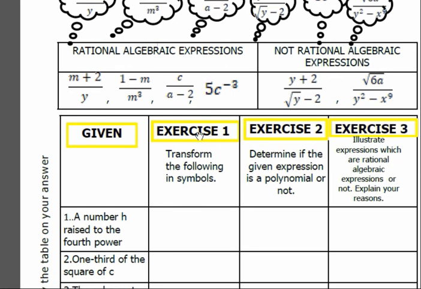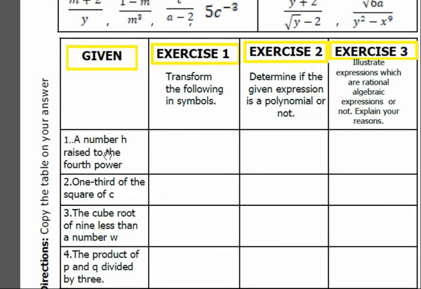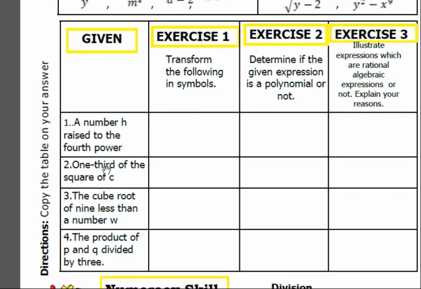Let's move on to exercises 1, 2, and 3. Let's answer this with the following given. There are 4 numbers given. Now in exercise 1, it says here transform the following in symbols. Now we have to transform it. Number 1.